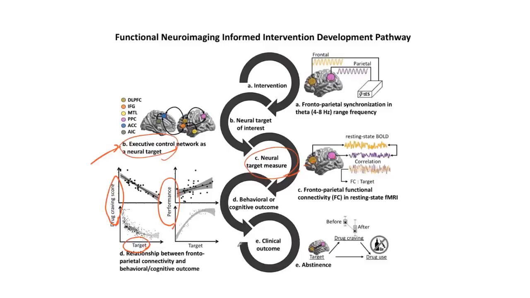And then finally, this target engagement through changing drug craving would change their drug use behavior as well. So this is the pipeline that we are writing a paper about with Ghazale, in terms of how functional neuroimaging could inform intervention development.